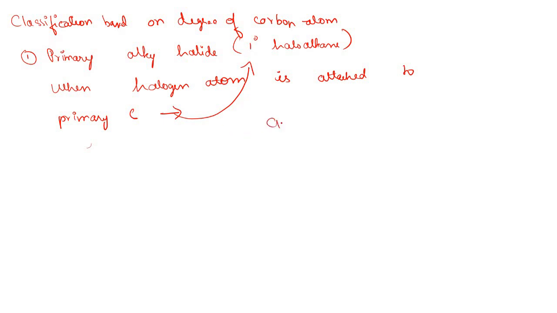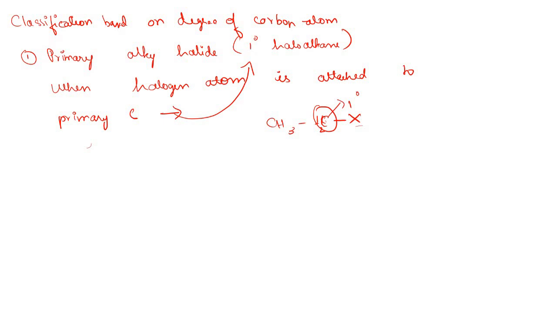For example, CH3CH2X, this part of carbon is a primary carbon. When a halogen atom is attached to a primary carbon, we call it a primary alkyl halide.